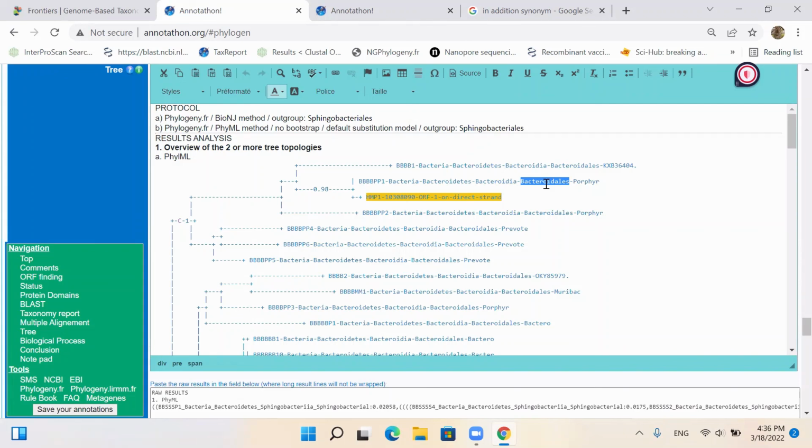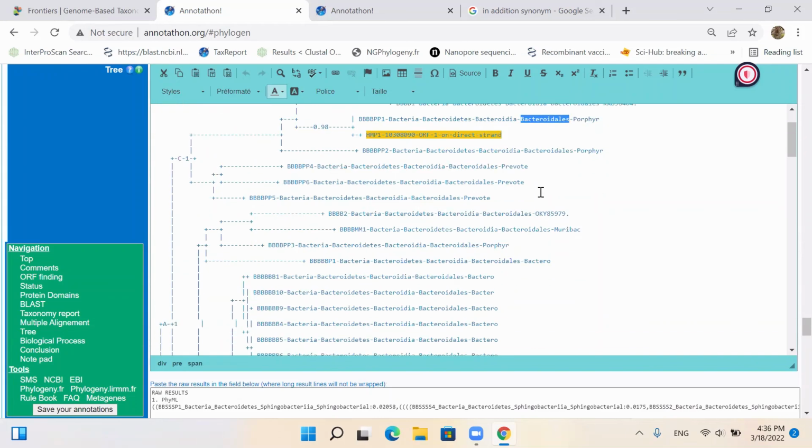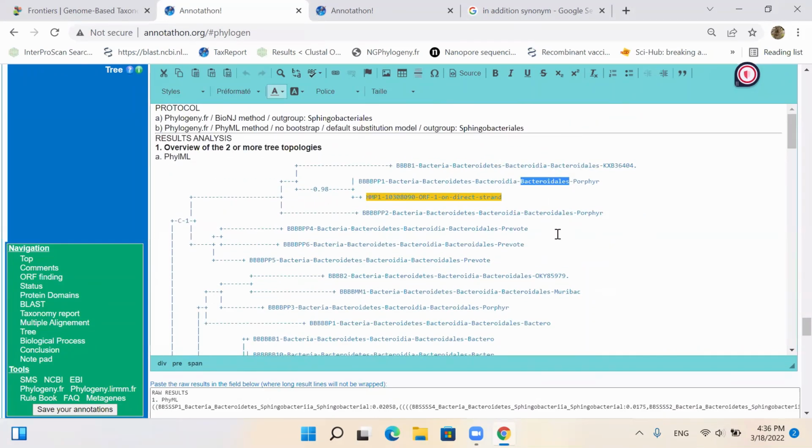If you go down with your mouse, don't move the screen, only the mouse, you see those branches? They are Bacteroidales.